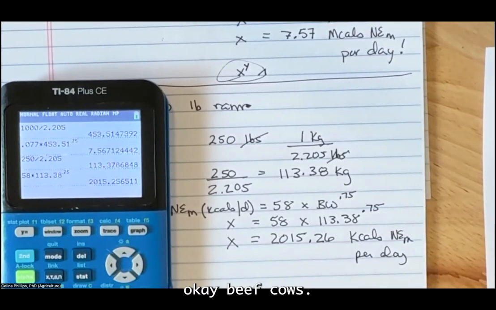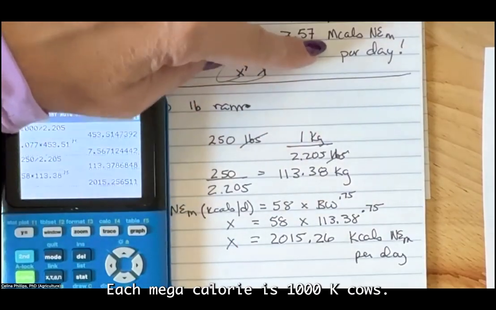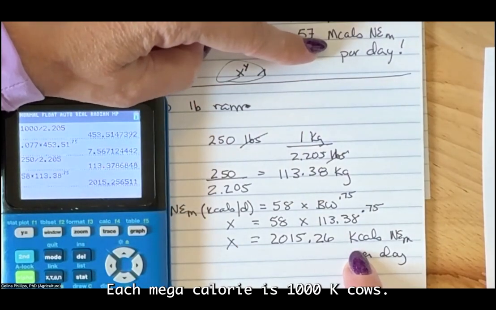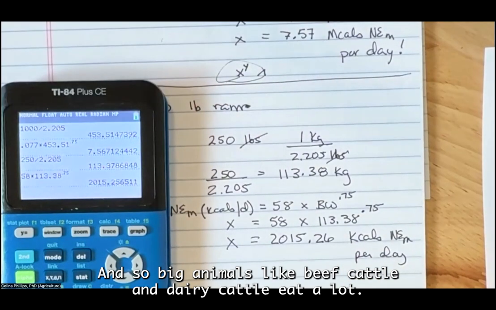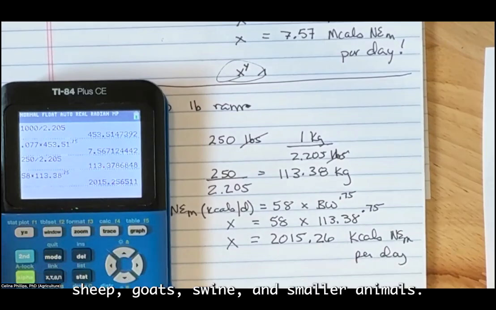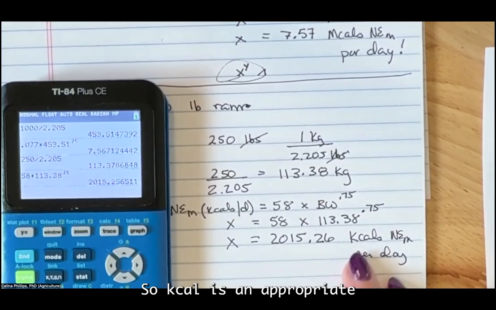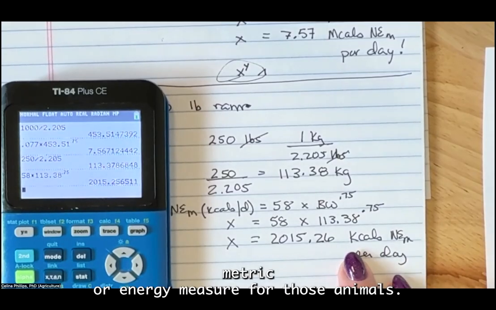Okay. Beef cows, we're dealing with megacalories. Each megacalorie is 1,000 kcals. And big animals like beef cattle and dairy cattle eat so much that kcalories would not be practical to work in. Sheep, goats, swine, and smaller animals don't eat as much, so kcals is an appropriate metric or energy measure for those animals.